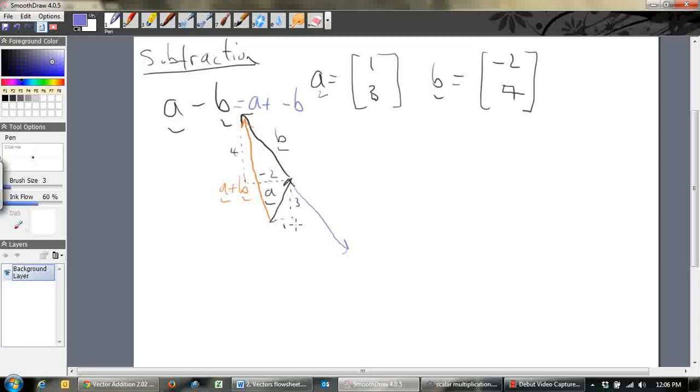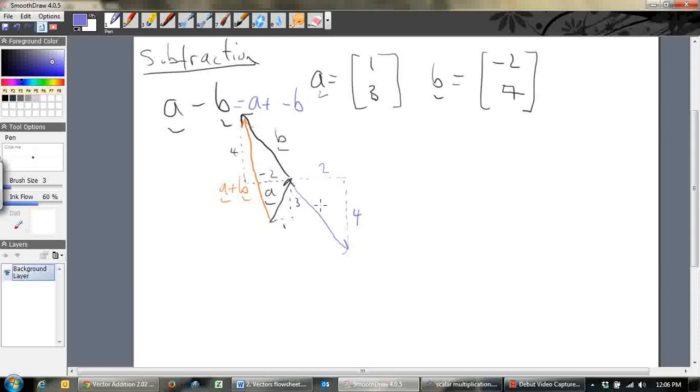So B will be in the opposite direction. In fact, what B was, instead of going that way 2, it's going to go this way 2, and instead of going that way 4, it's going to go this way 4. So what's happened here? Well, it looks a bit strange. Instead of B going in this direction, it's going in the opposite direction because it's negative.